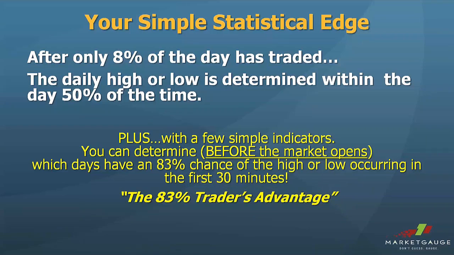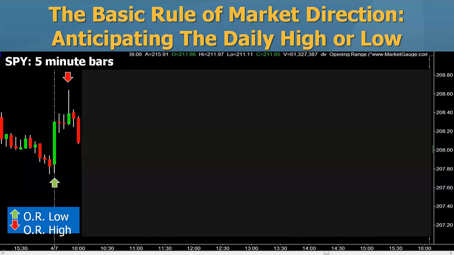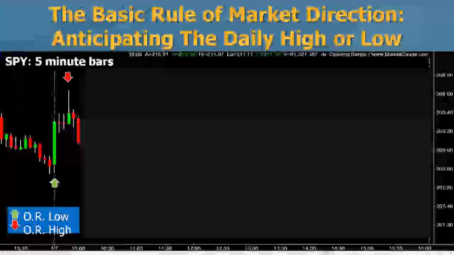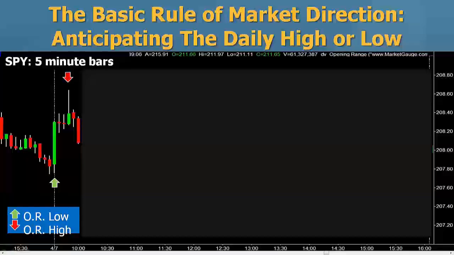You apply a few extra rules and you'll get a much higher percentage. That's not to say that 50% isn't high. So let's go through a little exercise to make sure everybody understands it, because the rest of this presentation is going to leverage this statistic and this phenomenon about the market.